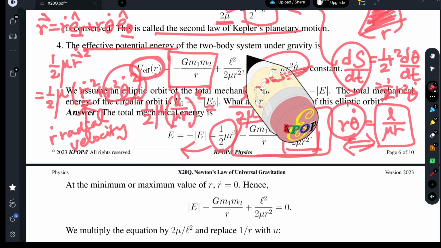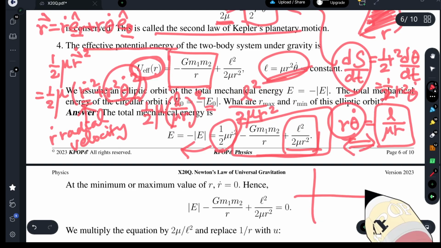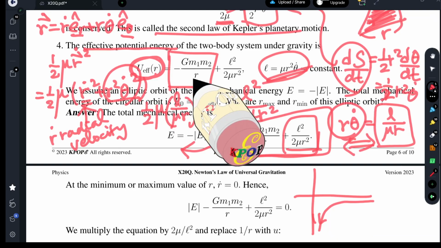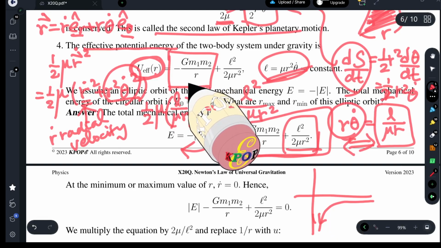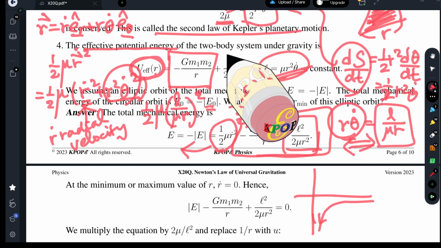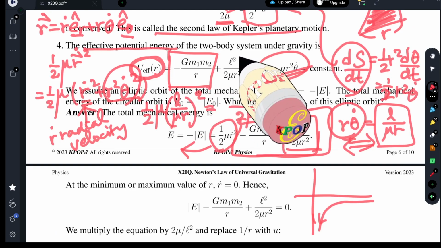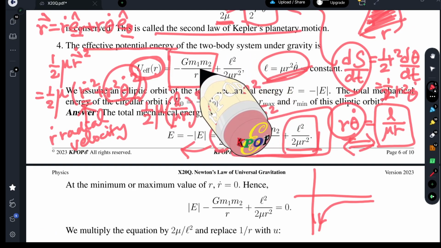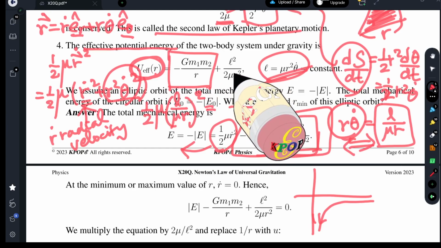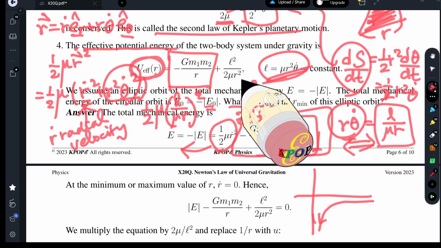If we ignore this, the gravitational potential energy decays to minus infinity as r goes to zero. However, we have the orbital angular momentum squared, a positive value, and we have r squared in the denominator.